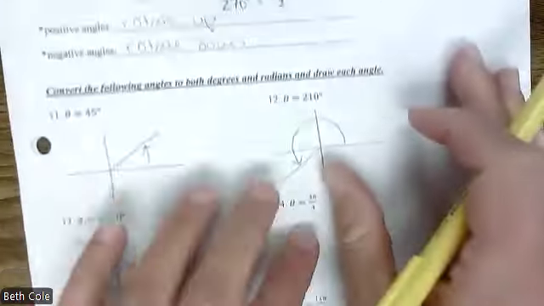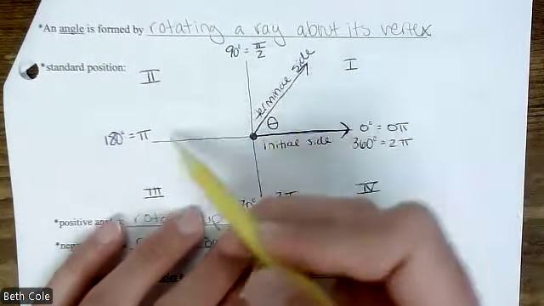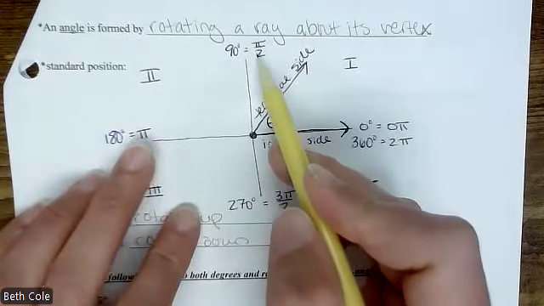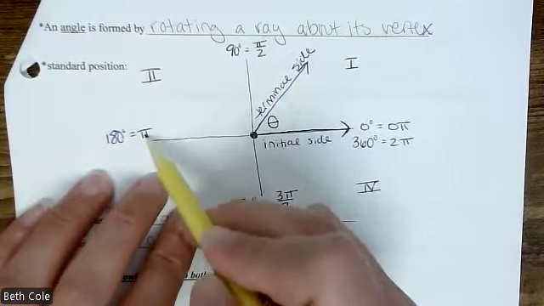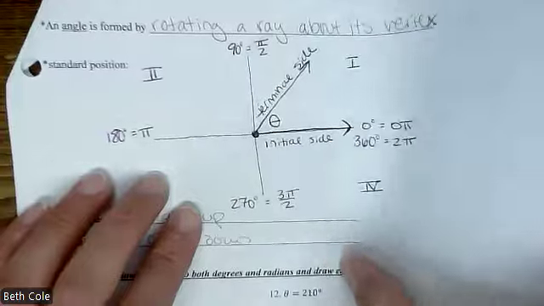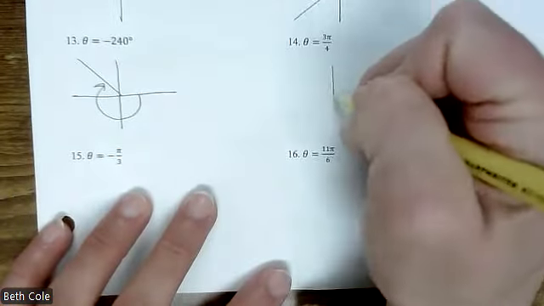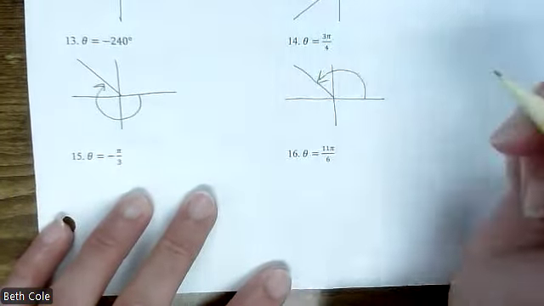You just want to think in your fractions. This is a half, and this is 1 whole pi. So do you see how 3/4 would be in between a half and a whole? Half a pi and a whole pi, 3/4 would be in between. So quadrant what? Quadrant 2, good job. You just need to think in fractions is what it is.